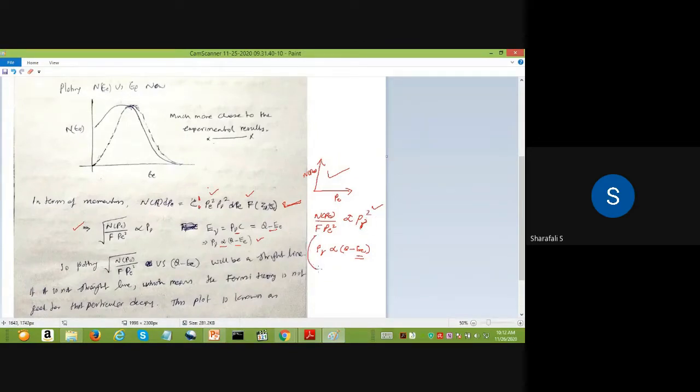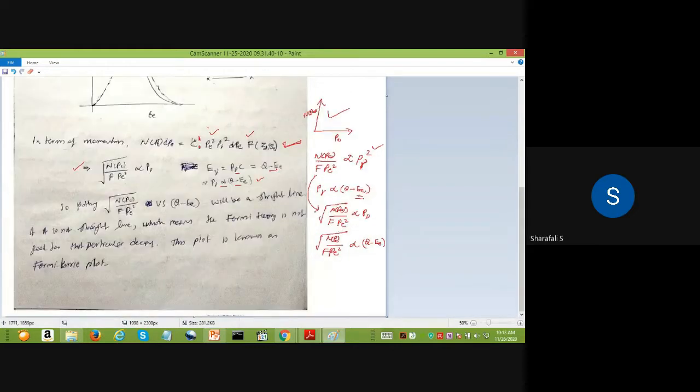So from this we can have the root of n of pe divided by f into pe square. This will be proportional to P nu, and that means that the root of n of pe divided by f of pe square will be proportional to, so P nu is proportional to this term. So this will also be proportional to Q minus EE.